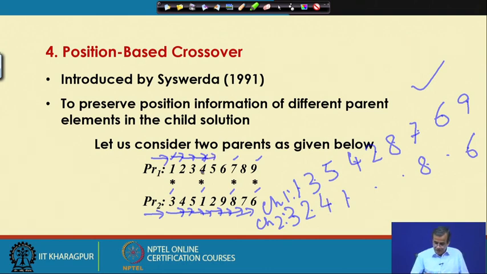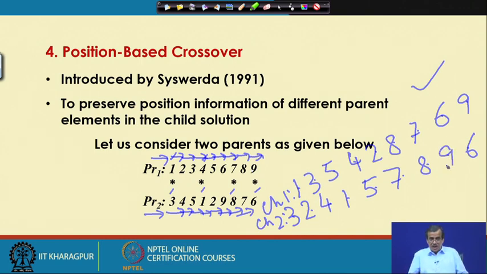Next is 5, also not here, so let me put 5 here. Next is 6, already there. Then comes 7, not here, so let me put 7 here. Next is 8, already there. Next is 9, so let me put 9 here.